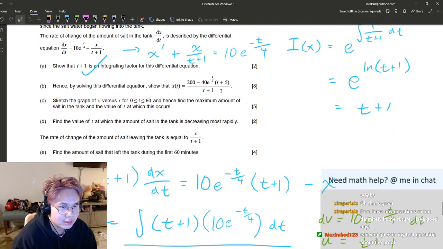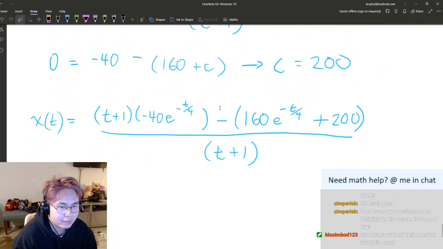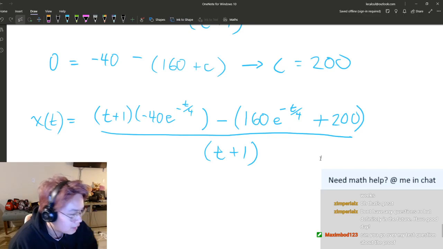So there's a 200, and then I factor out a 40e to the negative t over 4 from these. Honestly, we're basically done, so let's just call it there.